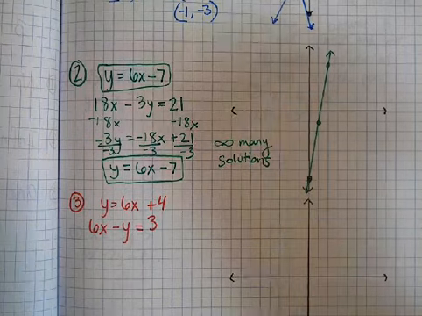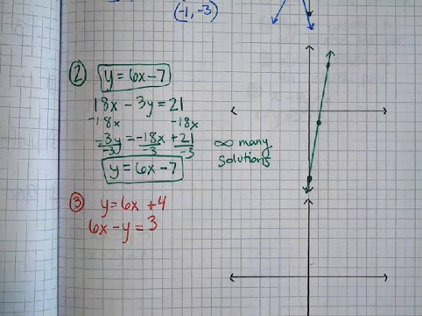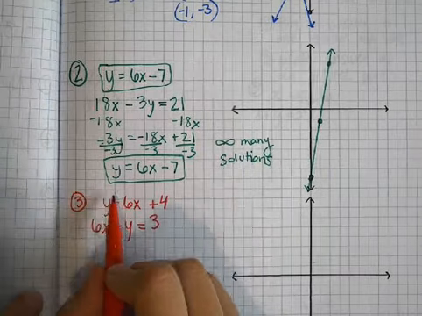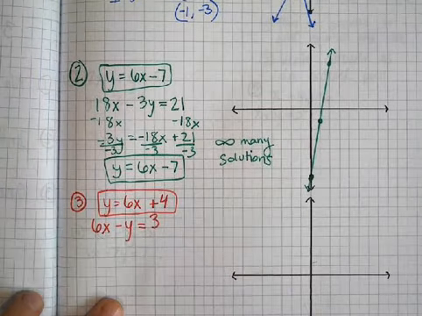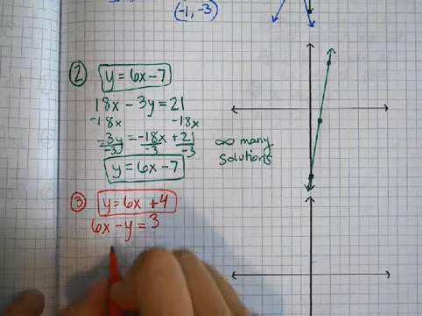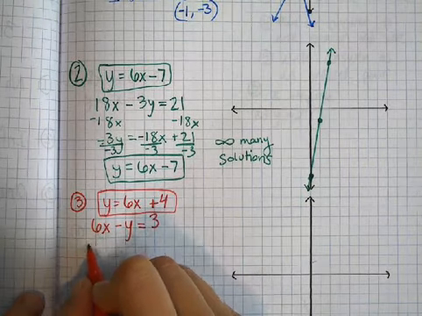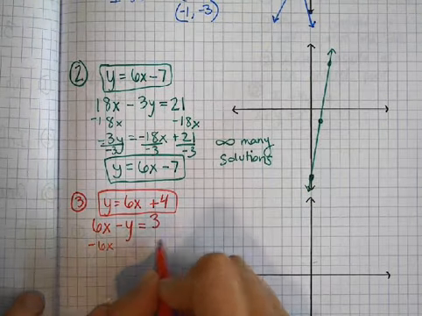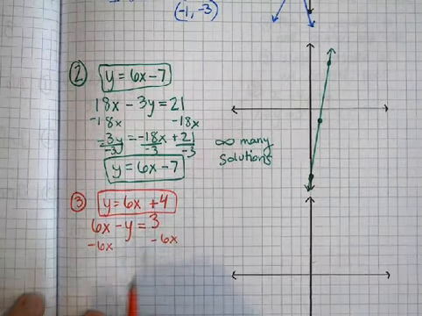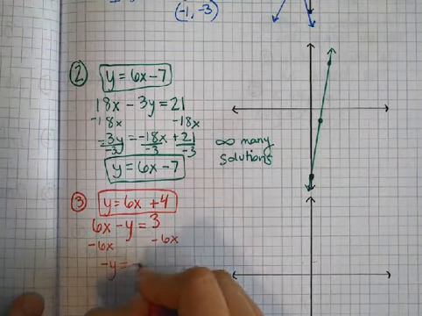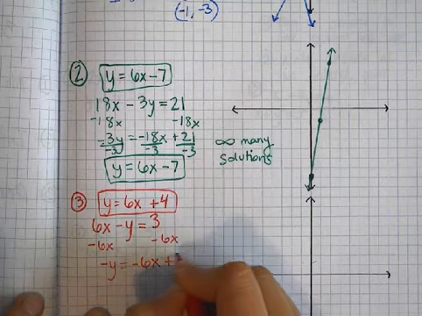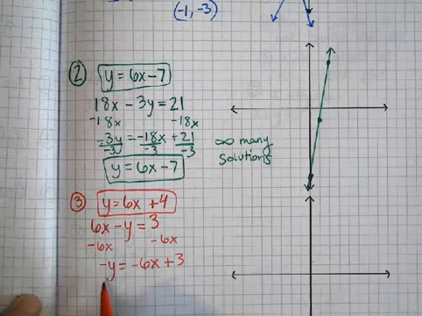Our first equation again is good to go. I can graph 6x plus 4, easy. And this next one, let's simplify this. I'm going to subtract my 6x on both sides. And so I have negative y equals negative 6x plus 3.